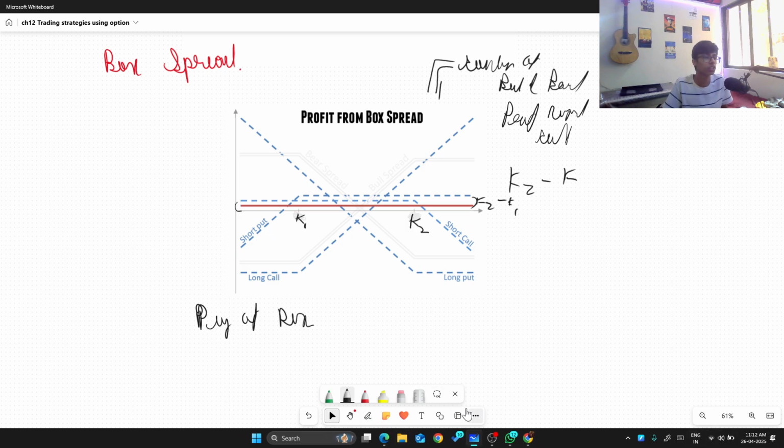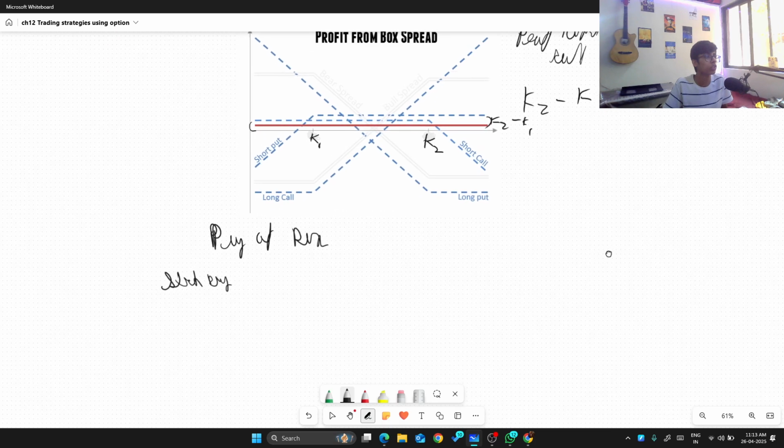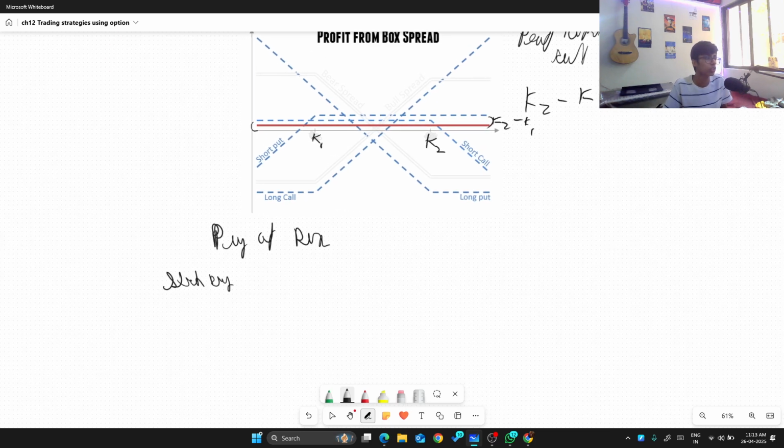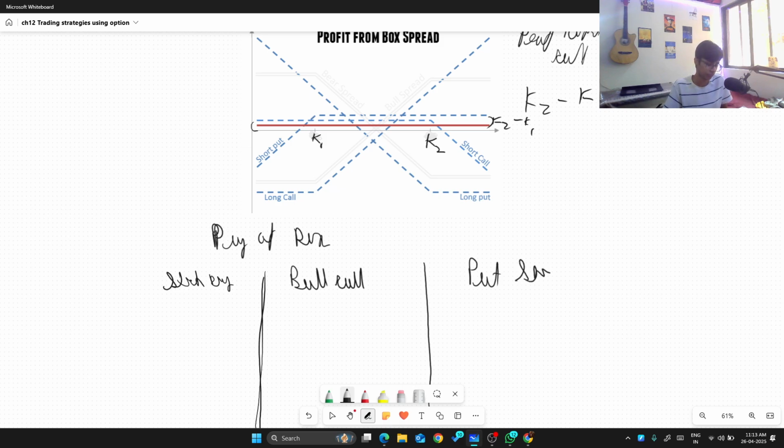Where is it? Yes, the payoff of the box spread. We have the stock range, the payoff from the bull call spread, the payoff from the put spread, and the total payoff.